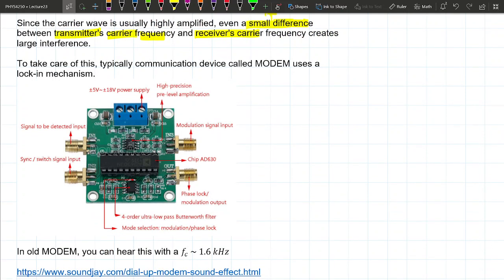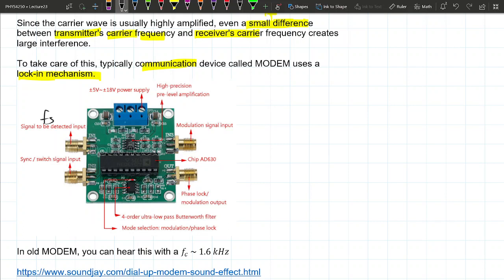In order for you to have the exact same frequency between the two sides, what communication devices actually do is they use something called a lock-in mechanism. This is just a little lock-in board where you have your signal, which is f sub s. You just write it down. This is the f_s going in.